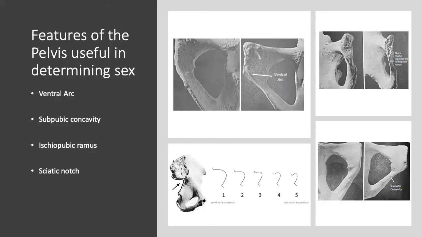Some of the features of the pelvis that are useful in determining the sex of the individual include dimensions of the ventral arc along the pubic symphysis.